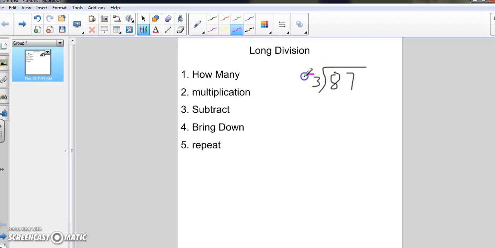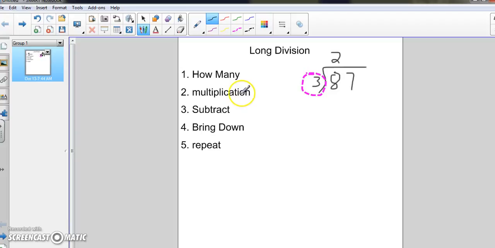Remember, this is our key number right here. This is always with the how many. So I ask myself, how many 3's go into 8? Well, I just count up. 3, 6, 9. Oh, 3 3's is 9, so actually 2 3's, which would be 3, 6, goes into 8.